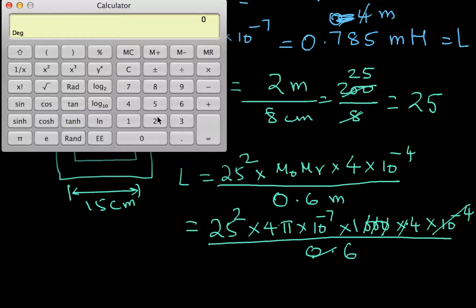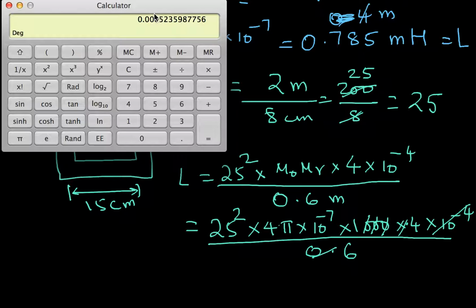We have 25 square multiplied by 4 multiplied by pi multiplied by 10 to the power of minus 7, multiplied by 4 and divided by 6. So this is the final answer.